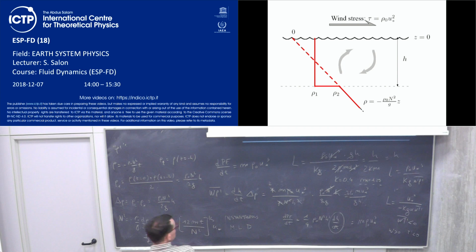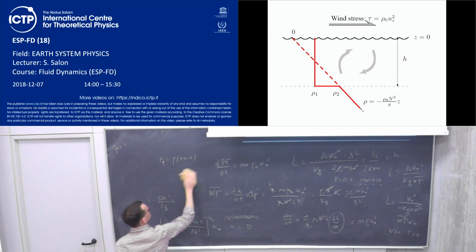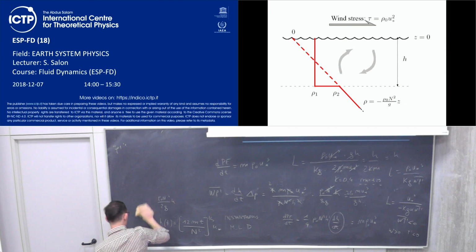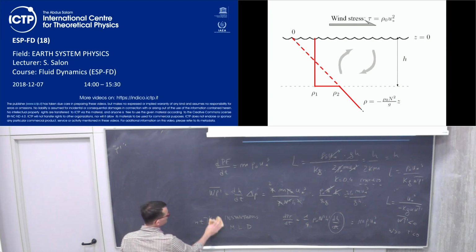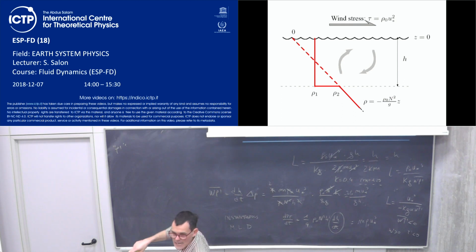Okay? So this is a system that is very typically observed in the ocean. Of course, you can also observe it in the atmosphere if you consider different layers of the atmosphere.